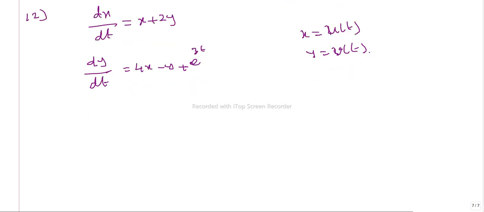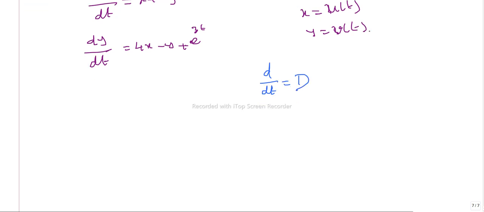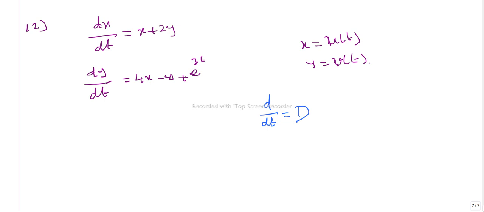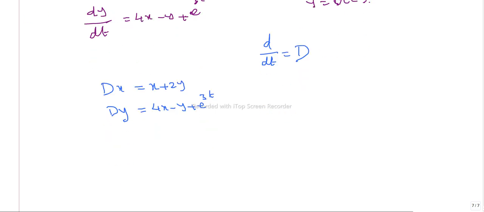We denote the operator d/dt by capital D. Now the first equation becomes Dx equal to x plus 2y. The second equation becomes Dy equal to 4x minus y plus e^(3t). Now take all the x terms to one side.